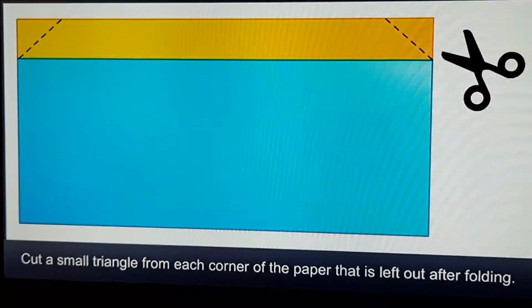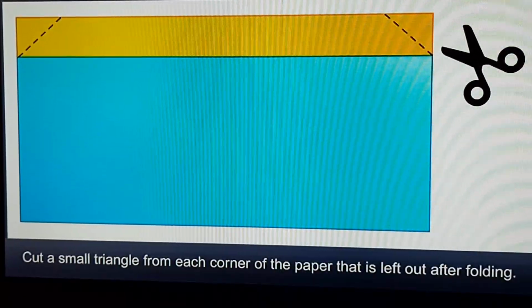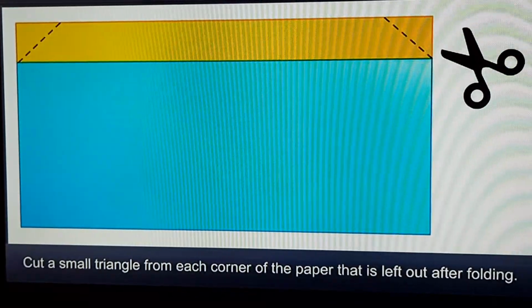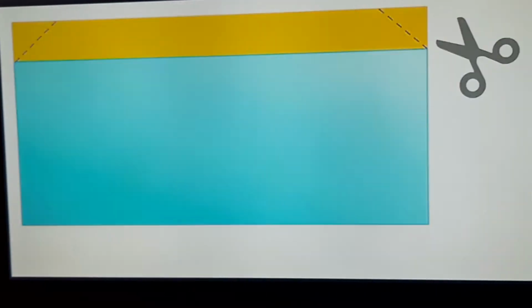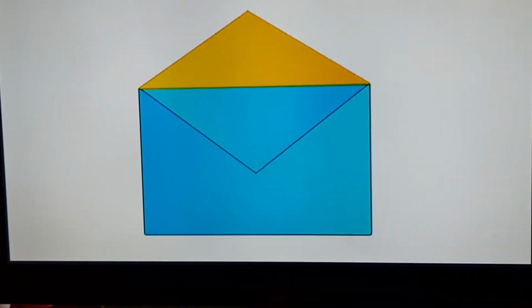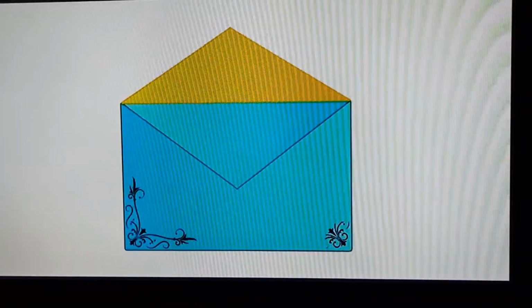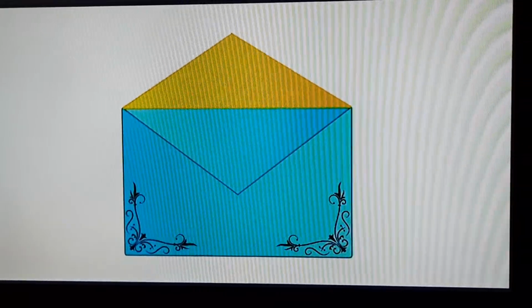Cut a small triangle from each corner of the part left out after folding. Your envelope is ready. You can decorate it by drawing any design you like on it.